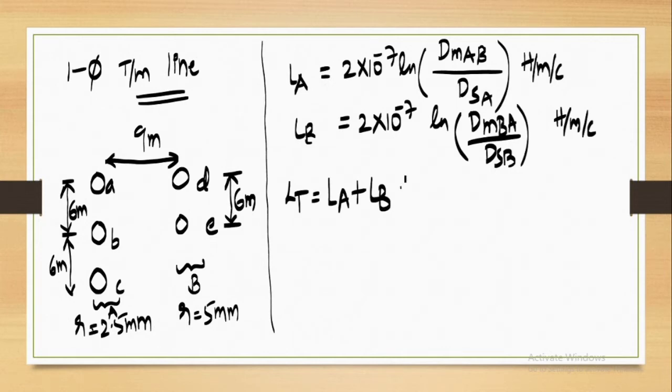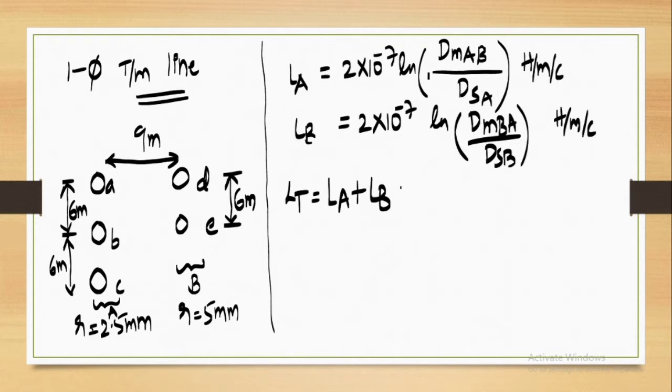First what we need to find is geometric mean distance between A and B. A side is this one, capital A side, and B side is this one. We need to find the geometric mean distance between A and B. Then we need to find the GMR of A side. In addition to that, we need to find the GMR of B side also.